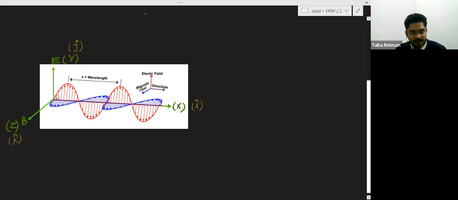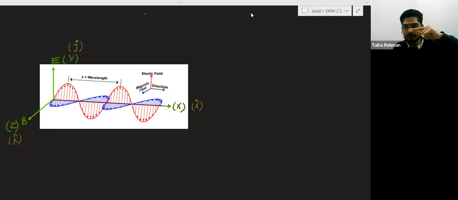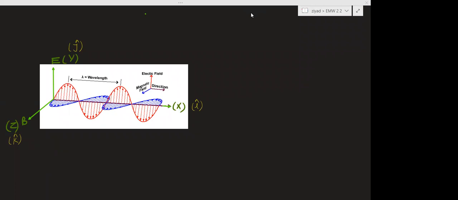So you can see here the electric field. What is the meaning of the oscillation? Oscillation means, suppose this is a point here, and this is the mean position of the point, and this point is going up and down, up and down.